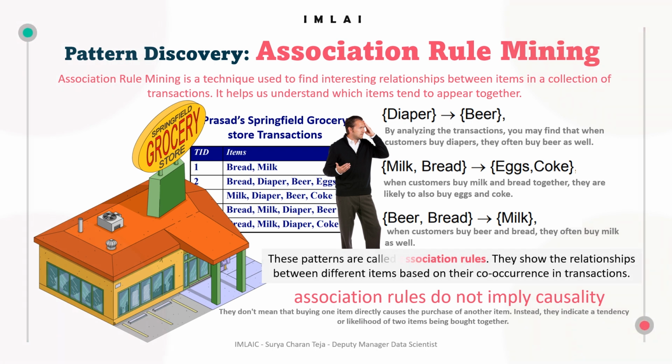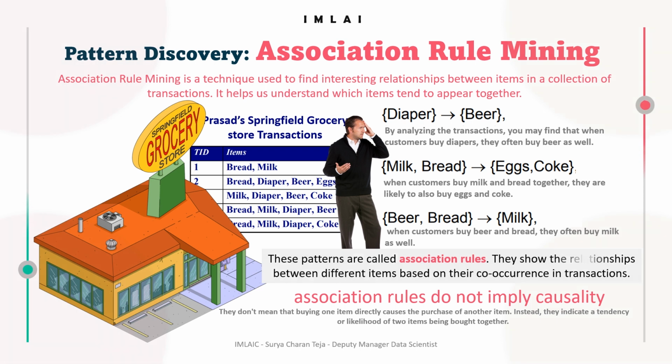If they know that customers who buy diapers often buy beer, they can place these items close to each other in the store to encourage additional sales. It can also be useful for recommendation systems, suggesting related items to customers based on their previous purchases.